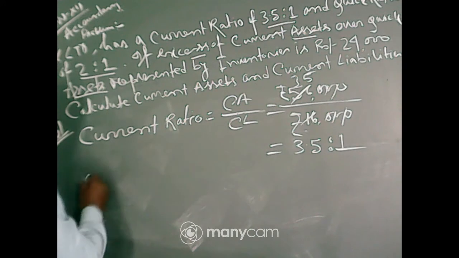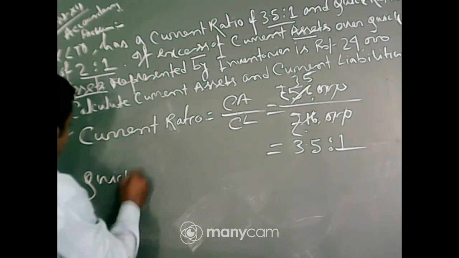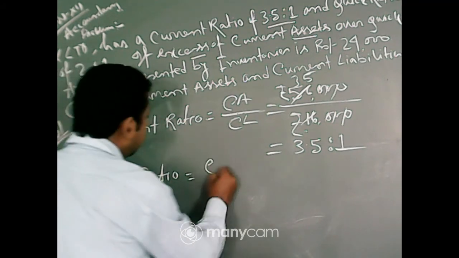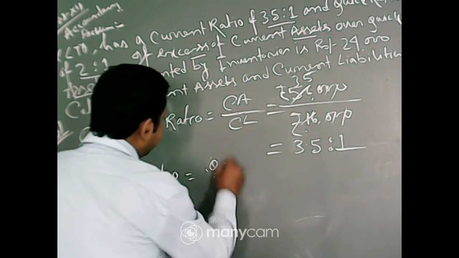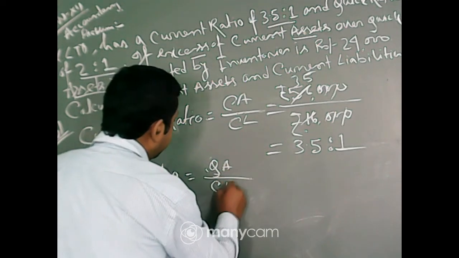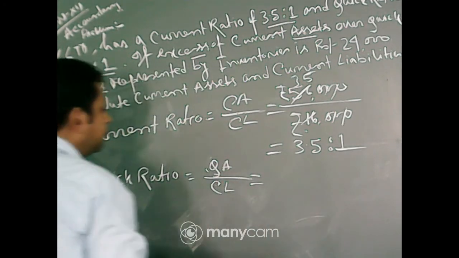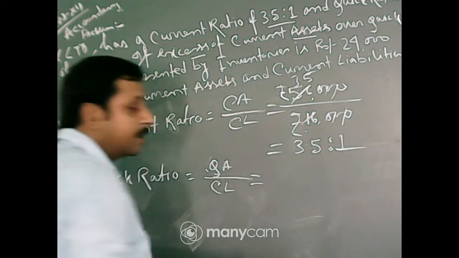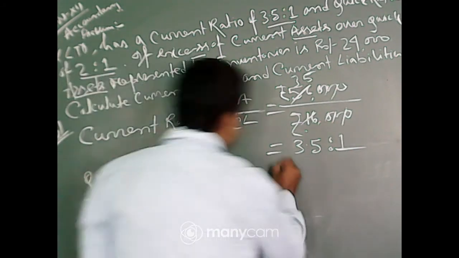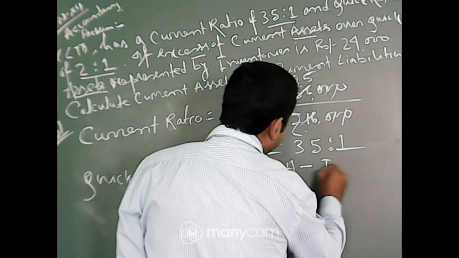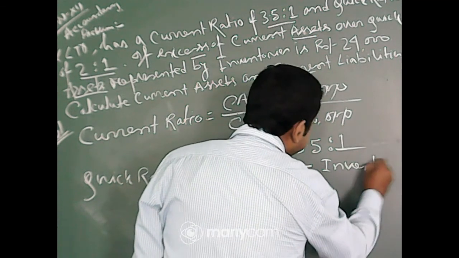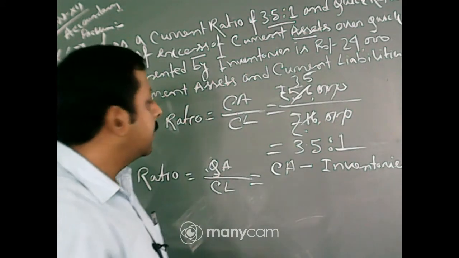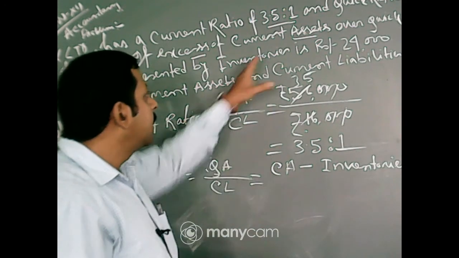Now in the same way we can check the quick ratio, and quick ratio means quick assets by current liabilities. What is quick assets? How can we get the quick assets? Current assets minus inventories, that is quick assets. Because we are assuming there is no other item, only inventories information.